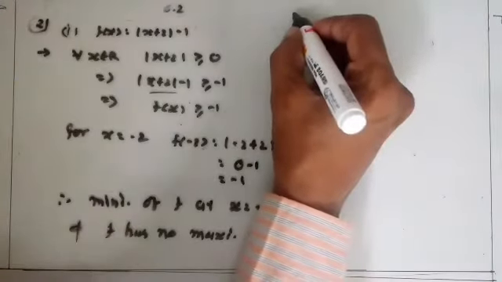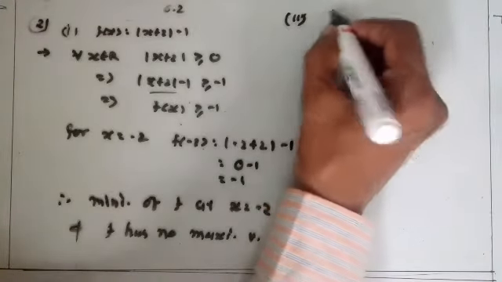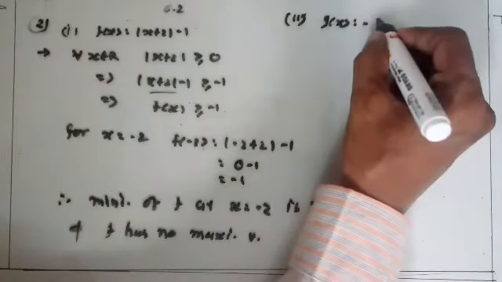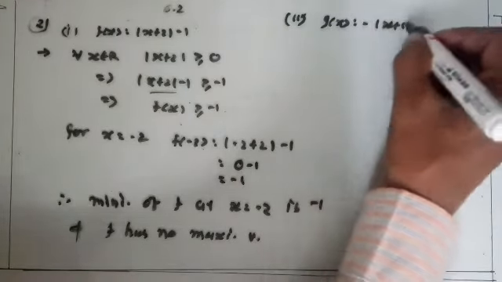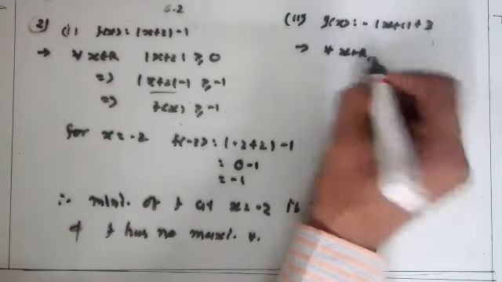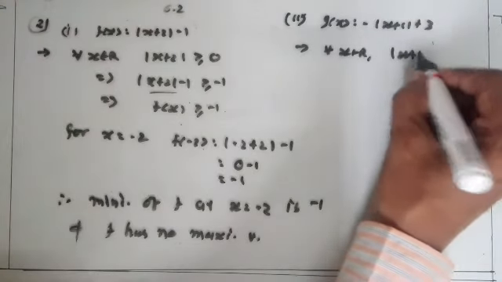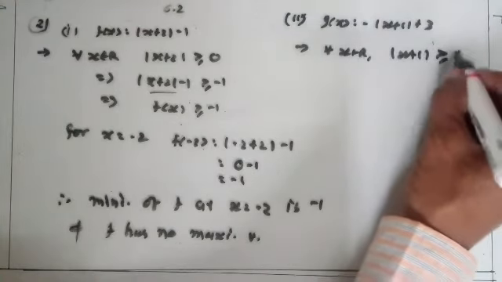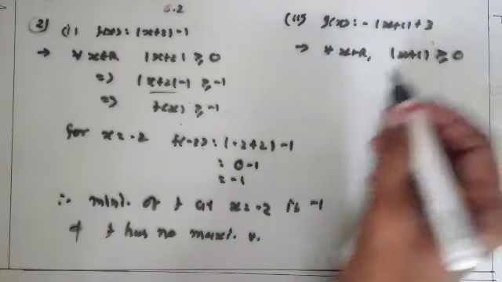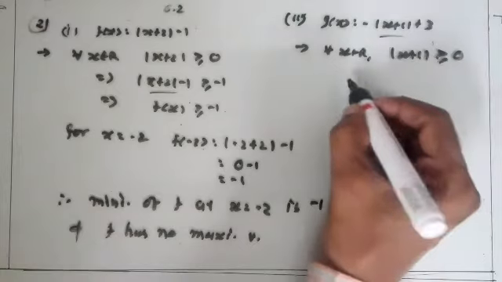Now question number 2. The function g(x) is given as -|x + 1| + 3. We know that for all x belonging to R, |x + 1| is greater than or equal to 0. Here we have -|x + 1| + 3.